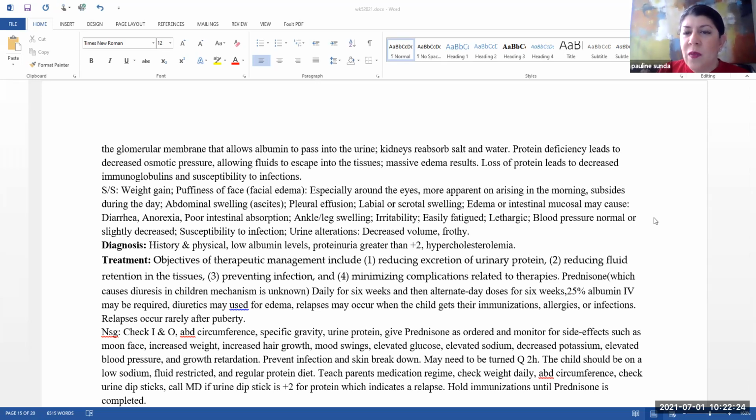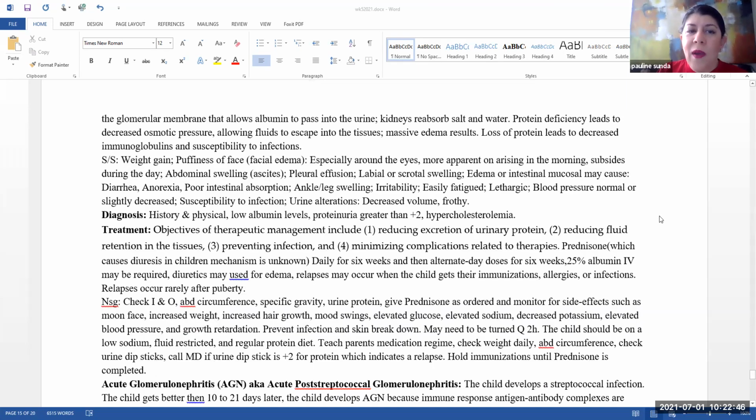The kidneys resorb salt and water. Protein deficiency leads to decreased osmotic pressure, allowing fluids to escape into the tissues. Massive edema results. A loss of protein leads to decreased immunoglobulin and then increases their susceptibility to infections.